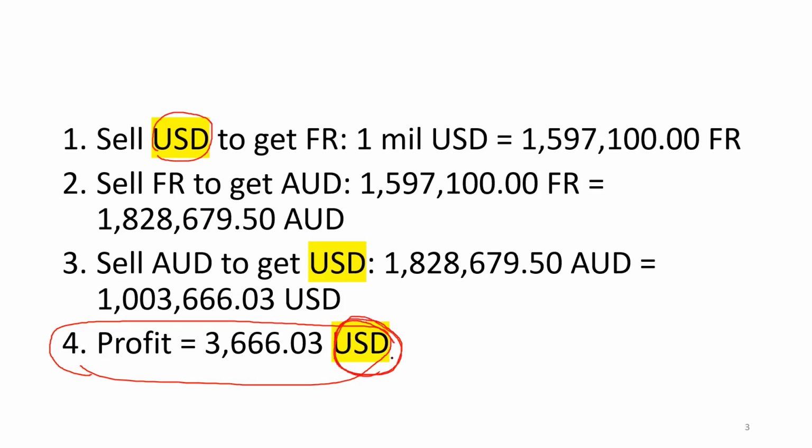So in the end, through this arbitrage strategy, we have no foreign exchange rate risk exposure because we end with the same currency that we started. This is a zero cost strategy because whatever we have to outlay at the start, we can finance for it in the third transaction.